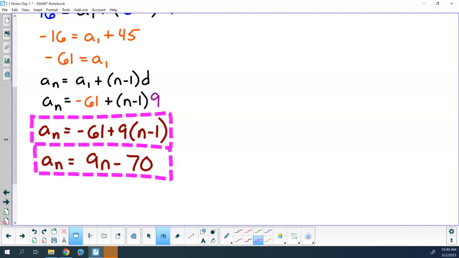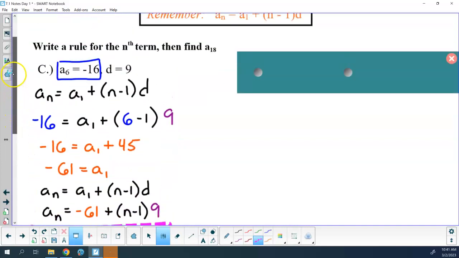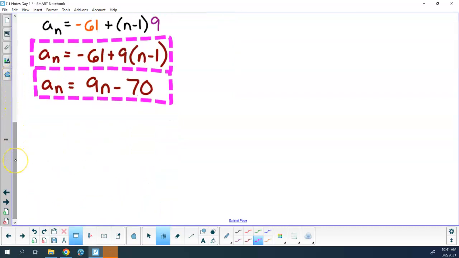And then I believe it said find the 18th term. It did say find the 18th term.